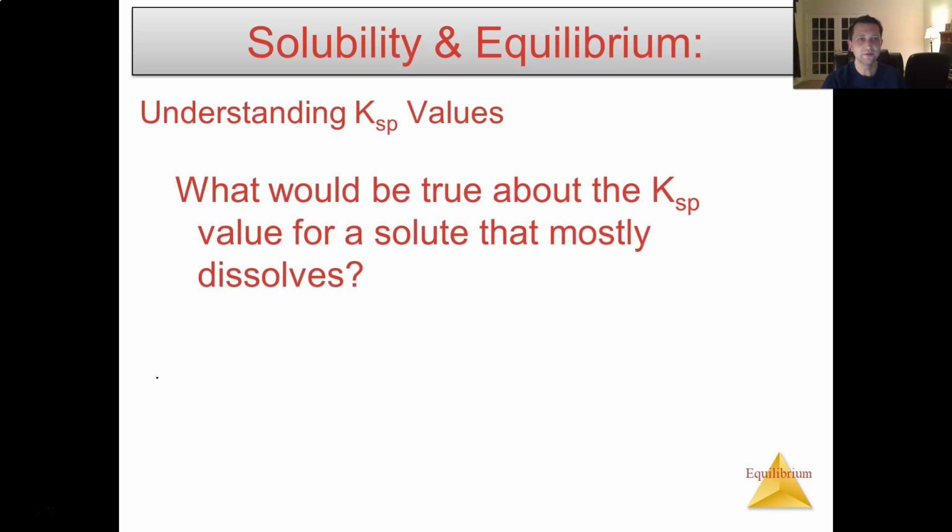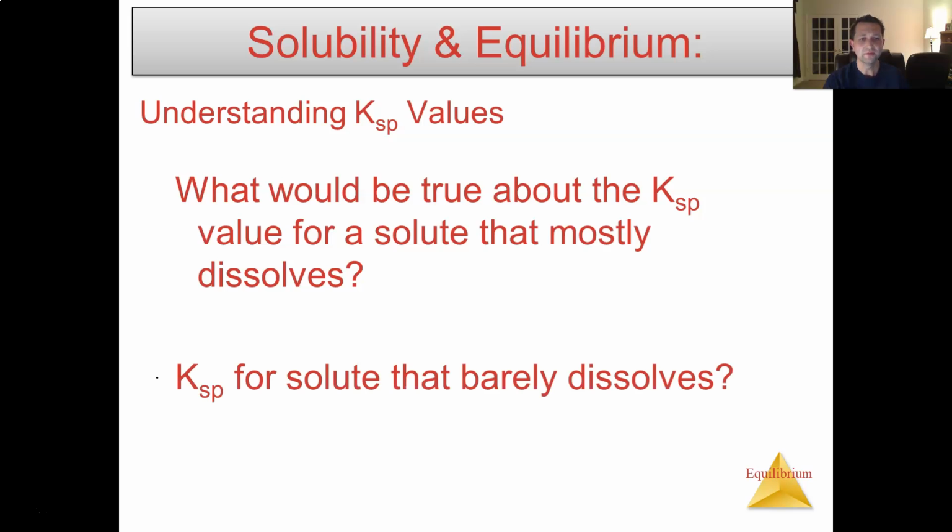To conclude, you want to understand what the Ksp values mean. What does that represent? I talked about this when I introduced the equilibrium constant in general, but what would be true about the Ksp value for a solute that mostly dissolves, and for one that barely dissolves? Remember, your K expression is concentration of products over concentration of reactants. You definitely need to know that.